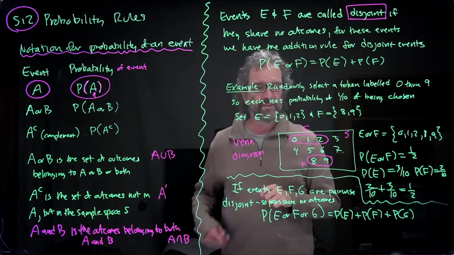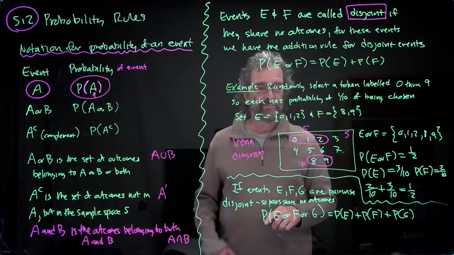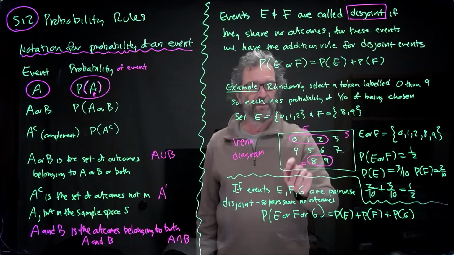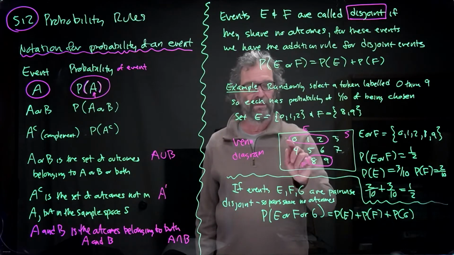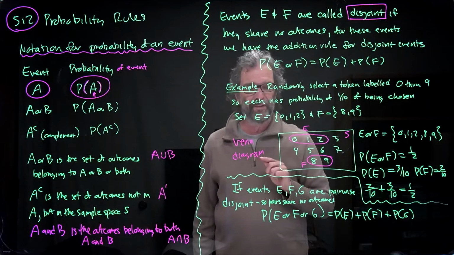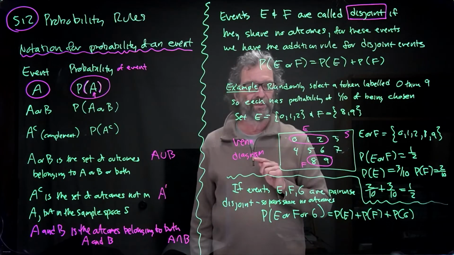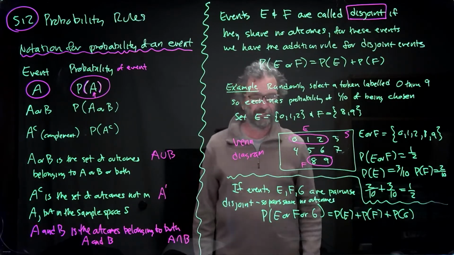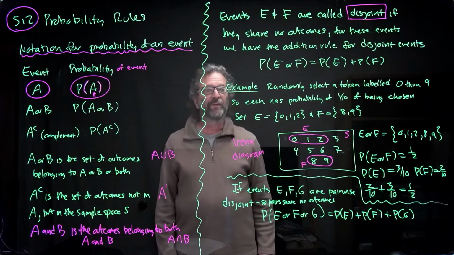If you think of individual outcomes as representing events, then the probability of 0 or 1 happening, the event that has 0 and 1 in it, is the probability of 0 plus the probability of 1.